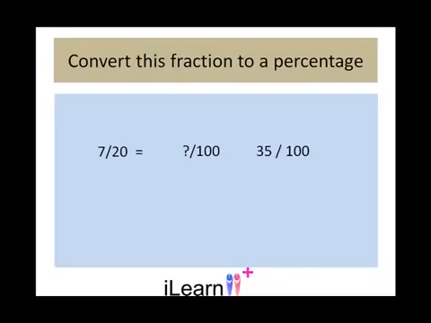And now you have a fraction that is out of 100. Seven over 20 equals 35%. 35 out of 100.